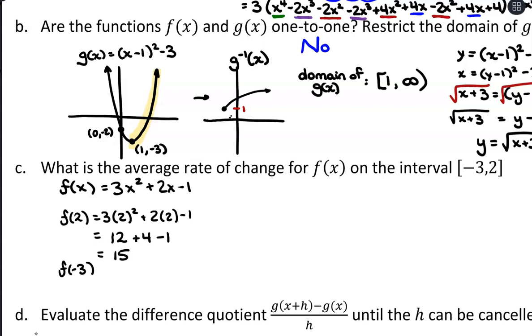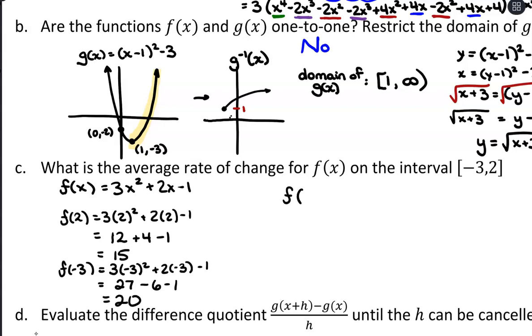f of negative 3 is going to be 3 times negative 3 squared plus 2 times negative 3 minus 1. So that'll be 27 minus 6 minus 1, which is 20.